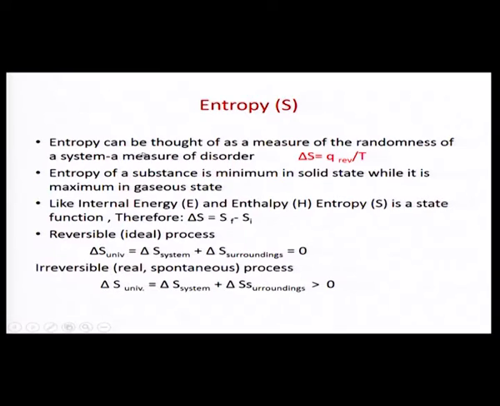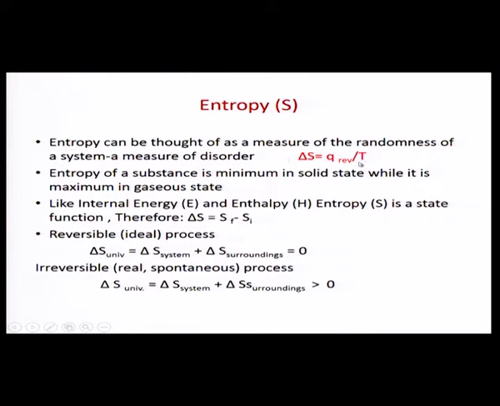When we see some more aspects of entropy, entropy can be thought of as a measure of the randomness of a system. That is, entropy is a measure of disorder, and the change is represented by delta S, which is equivalent to Q, the heat content of the reversible process, divided by the temperature of the system.